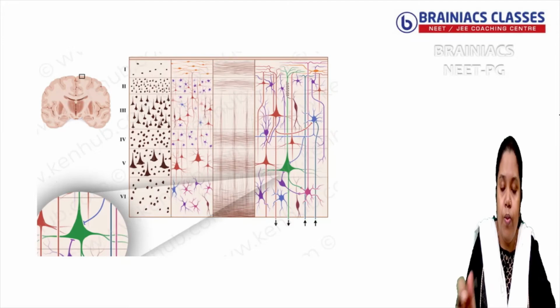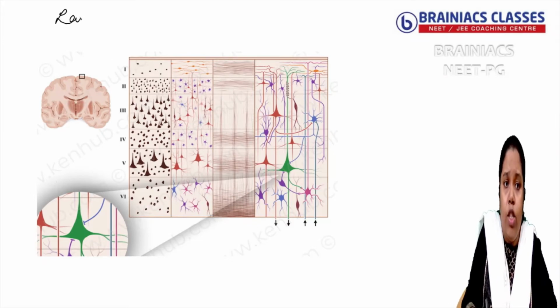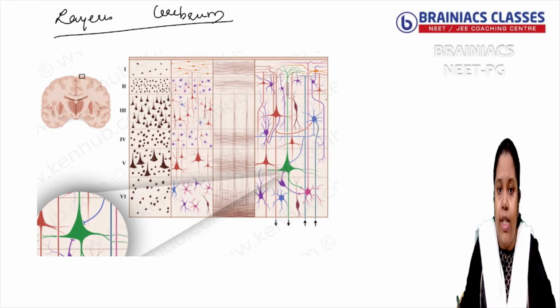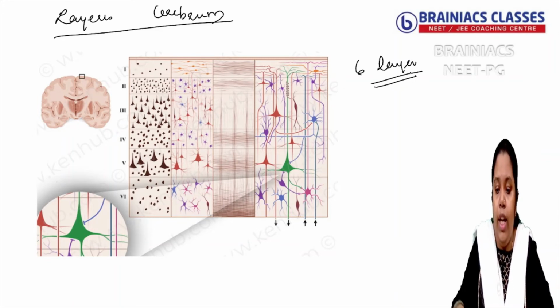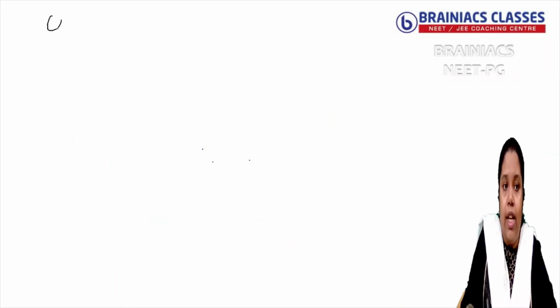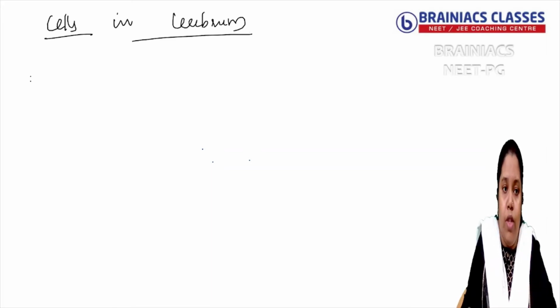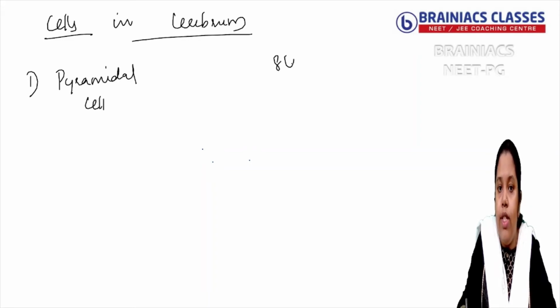Now, next are the layers of the cerebrum. If you take a cerebrum, there are 6 layers. Before that, let me tell you the cells in the cerebrum. There are actually 2 types of cell. One is the pyramidal cell, the second is the stellate cell.